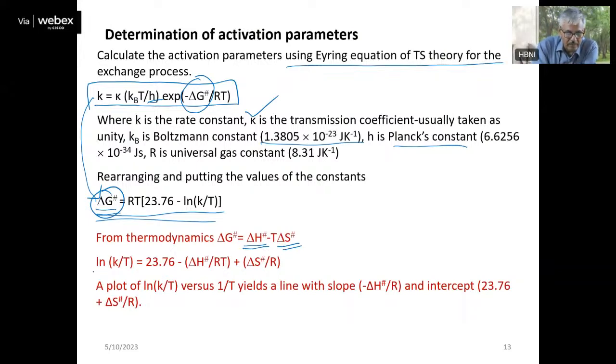If you rearrange the equation, it becomes ln K by T is equal to 23.76 minus delta H dagger by RT plus delta S dagger by R.